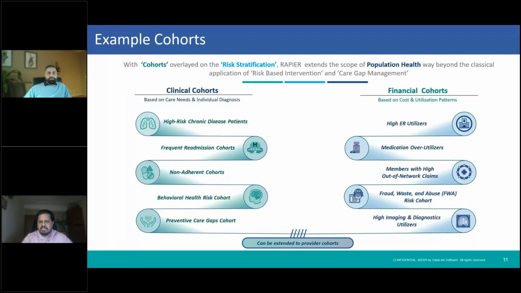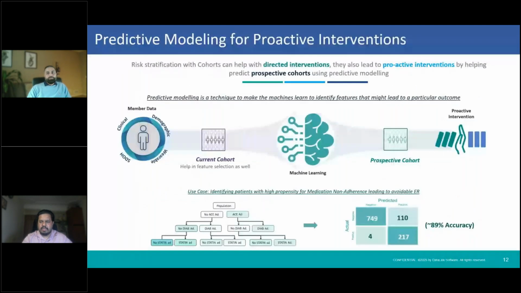Now, this brings us to a point where we are addressing the problems which are already existing. So it's a reactive intervention. Rapier doesn't stop at reactive intervention because we have done so much analysis in the data. Right now, we have the current cohorts, we have the member data. And these current cohorts have certain features which distinguish them from the other members in the data, right?